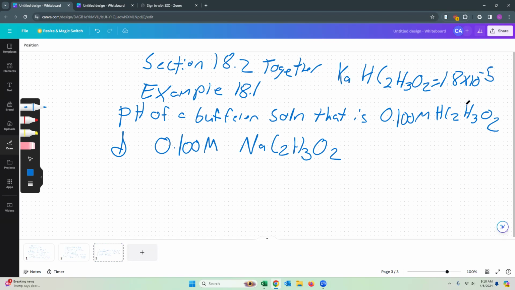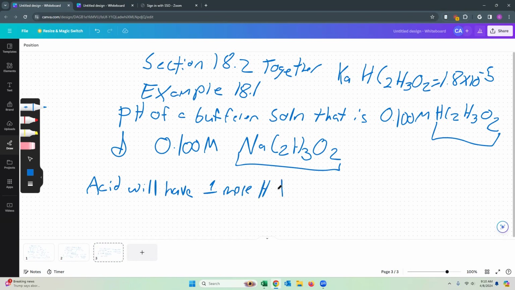All right. The first thing we should do whenever we get a buffered solution is figure out what is our acid and what's our base. We have two molecules, and there are a couple of ways you can do this. When I'm comparing my two molecules, my acid will have one more hydrogen than my base. Remember, that's how conjugate pairs work. Another thing you can look for is that bases often have a metal.